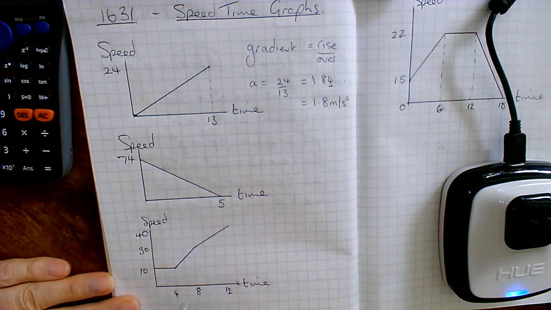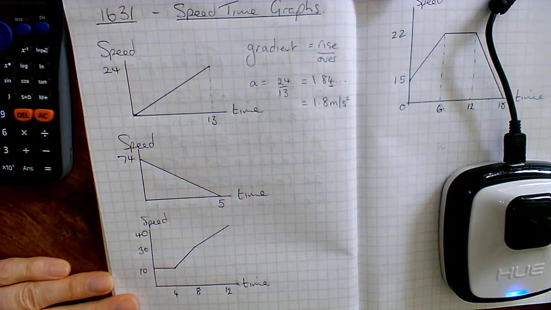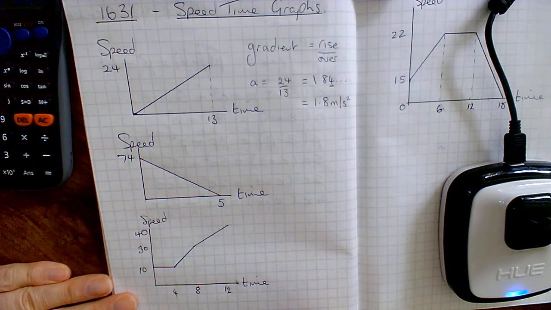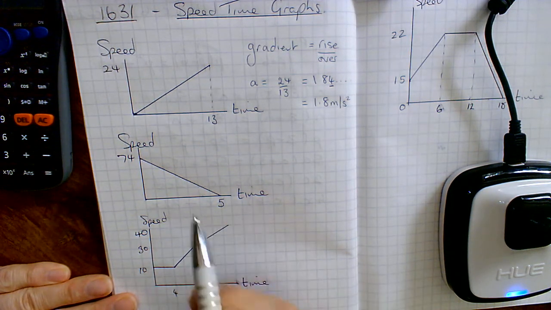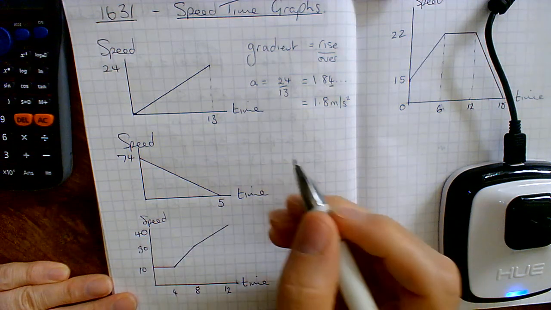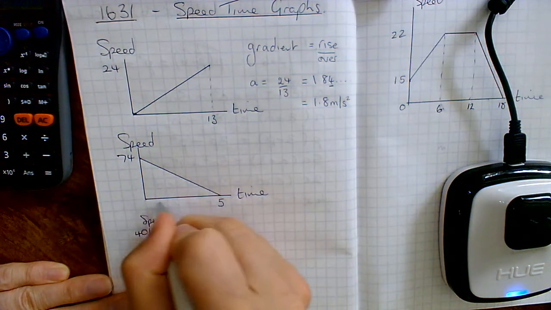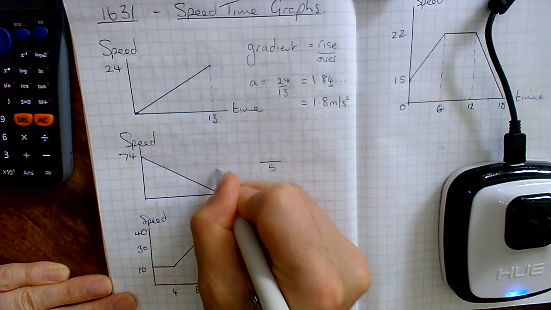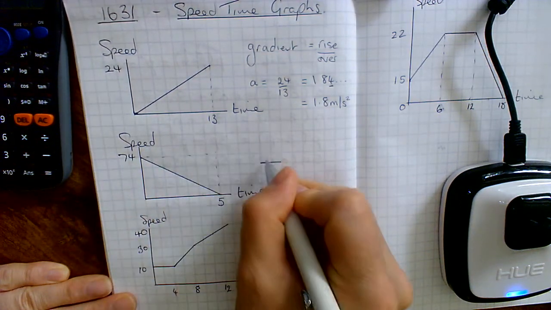This one, it was a retardation. It's called retardation when slowing down. You've got to make sure that you don't leave it as an acceleration, which would just be a negative answer. So it's the same idea. The rise over the run, you can see a run across 5 seconds, so it's over 5, and it's actually gone down 74.